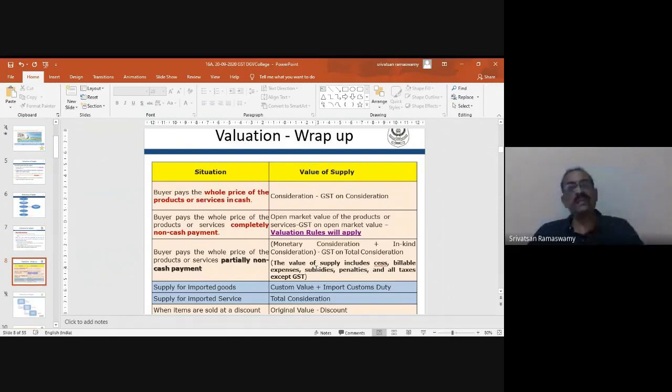It has to be between two unrelated parties, and price should be the sole consideration for sale. No other consideration like an exchange offer or something like that shall be there. So if all these criteria are satisfied, then that particular value becomes the transaction value, right? So is this concept okay?